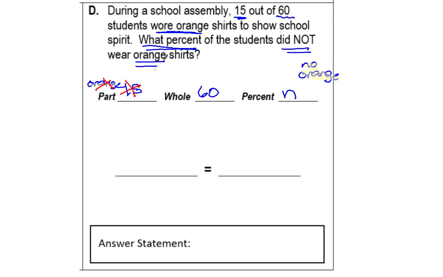If there were 60 students and 15 of them wore orange, we can subtract to find out how many did not wear orange. And we get 45. So no orange would be 45. Okay, now we're ready to set up, because the part and the percent both represent no orange.